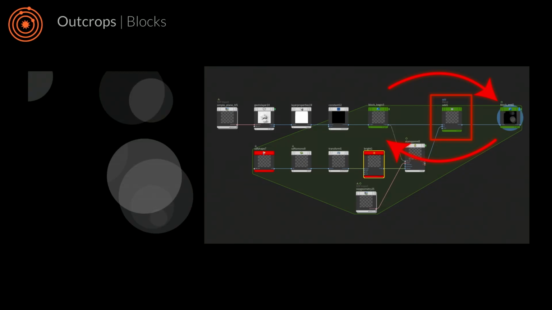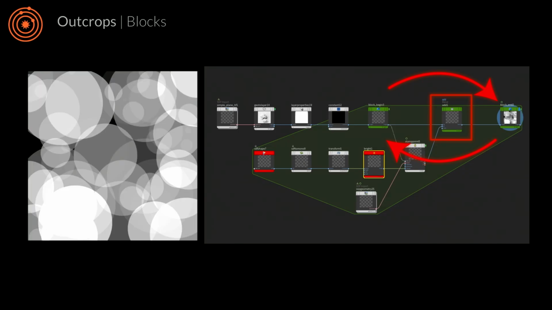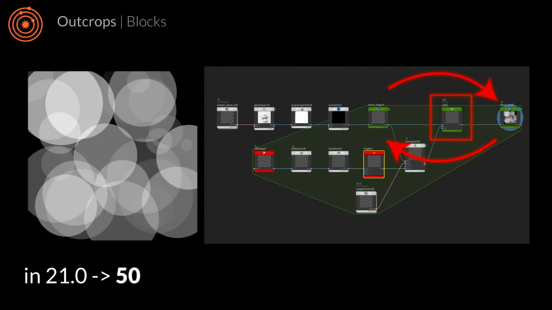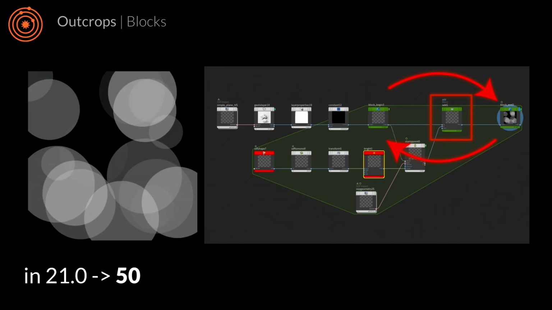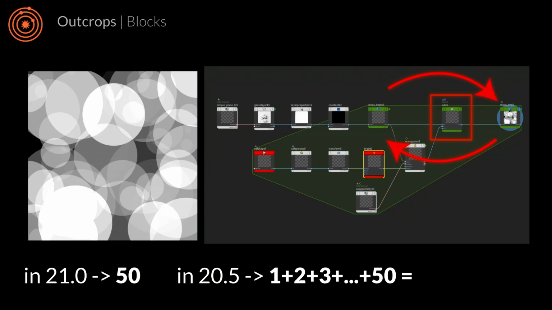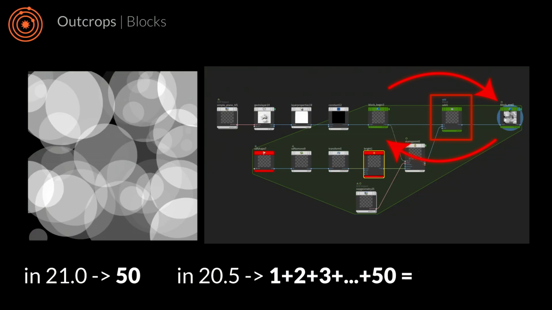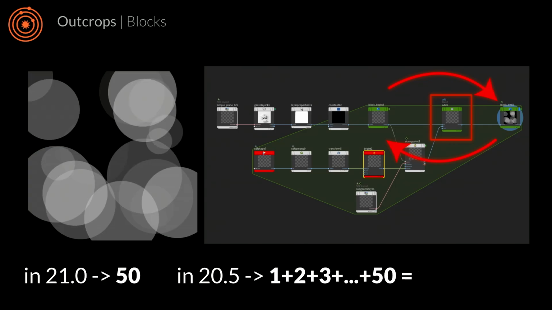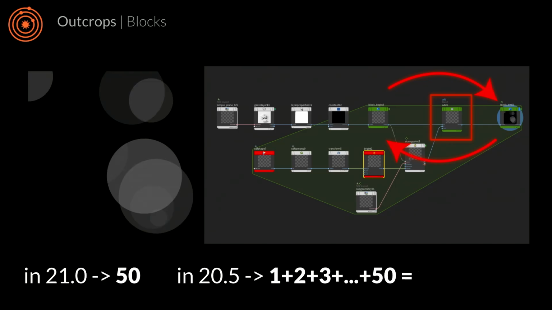For this specific example, I simulated 50 frames. In 21, if you would like to simulate 50 iterations, you just run your timeline for 50 frames. But in 20.5, it was impossible to do that, so you would have to generate all the intermediate frames as well. I thought it's called factorial, but factorial is when numbers are multiplied by each other.